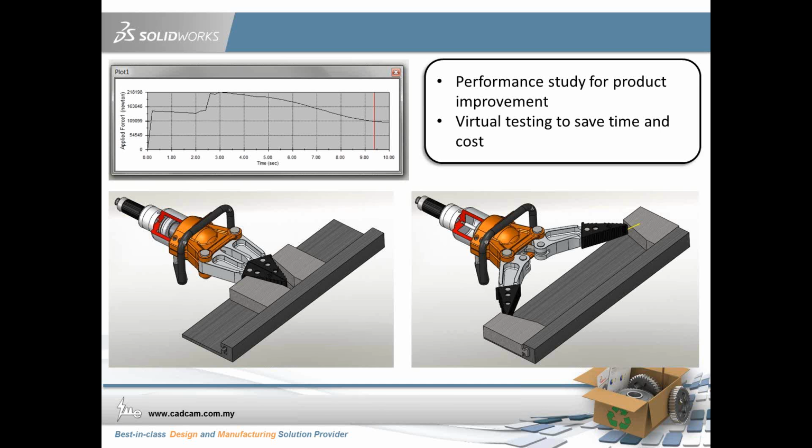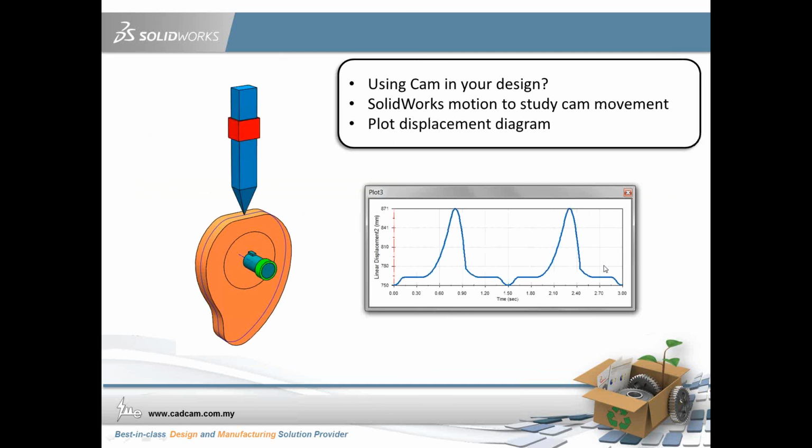And the application is not just limited to opening up parts. I share another very common mechanism which we use in machinery design, the cam. We have a function in SolidWorks where we can plot the linear displacement.